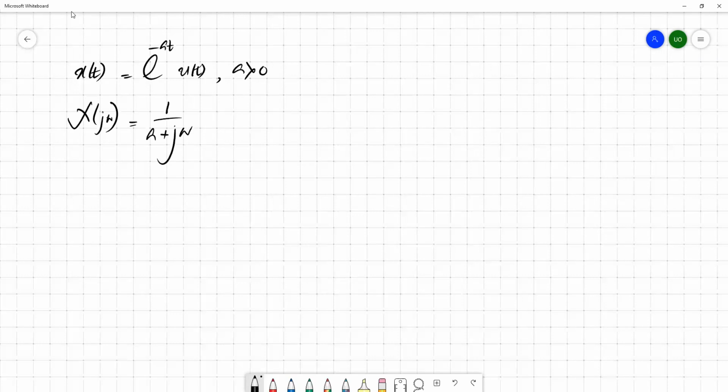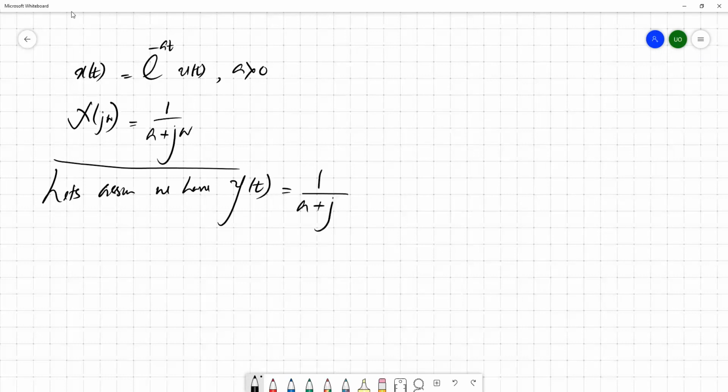Okay. So let's assume we have y(t) equals 1 over a plus jt. What would be the Fourier transform?